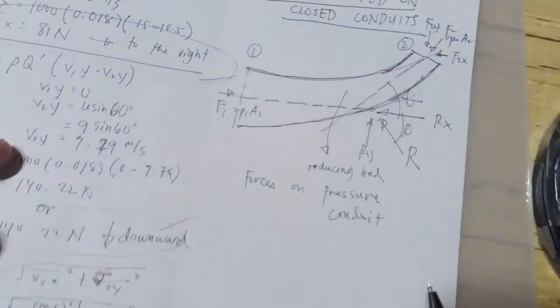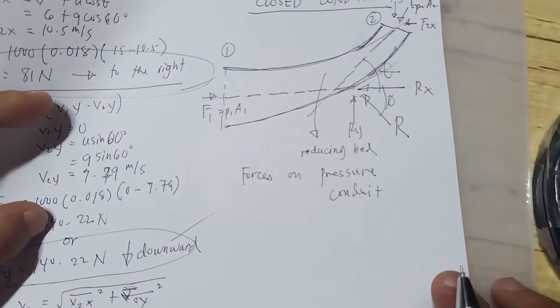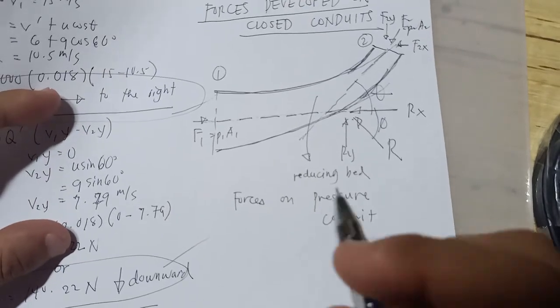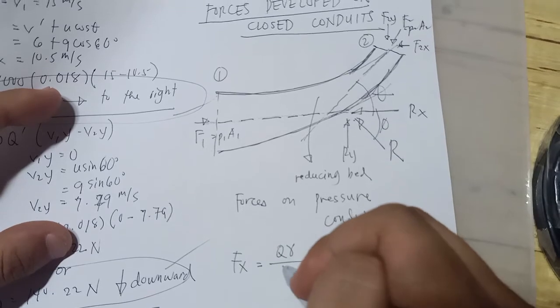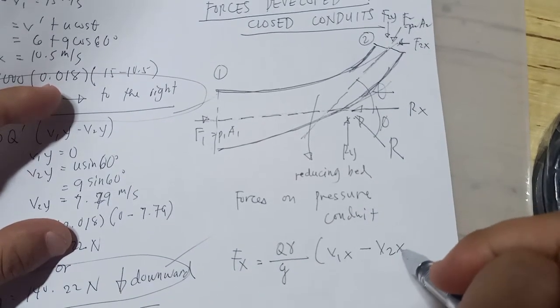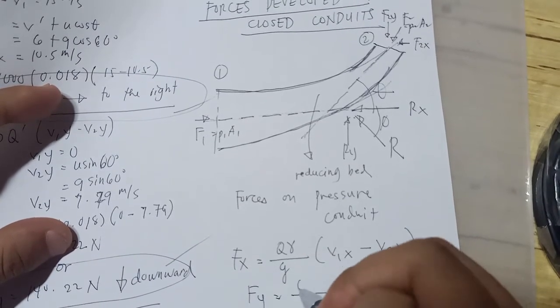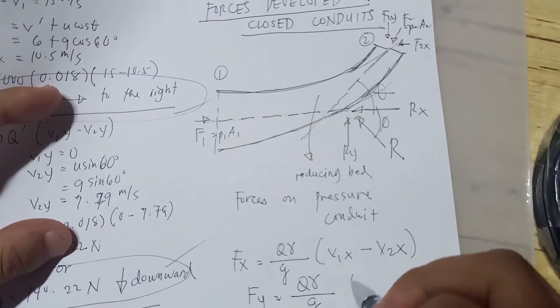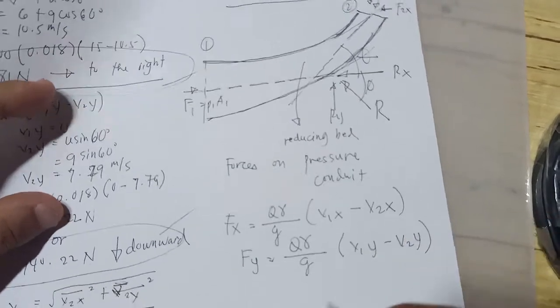So this is forces on pressure conduit. The dynamic force exerted by fluid on the bend is Fx equals Q unit weight over G times V sub 1x minus V sub 2x, or Fy is Q gamma over G times V sub 1y minus V sub 2y.